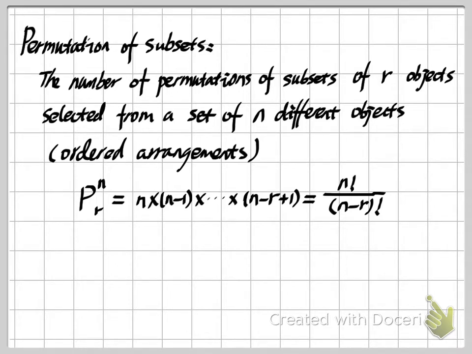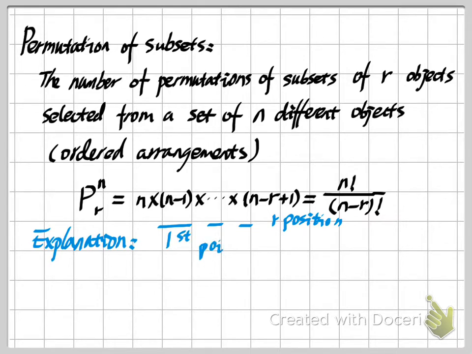Maybe you're interested in why we have this equation, so let me explain. When we select r items from n different objects, we have an order of r positions, and we want to select for the first position.